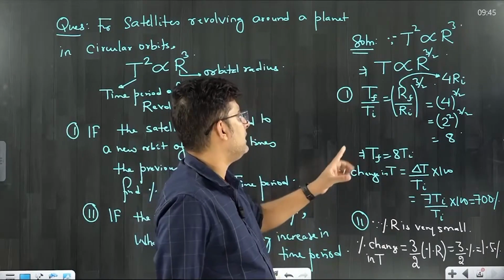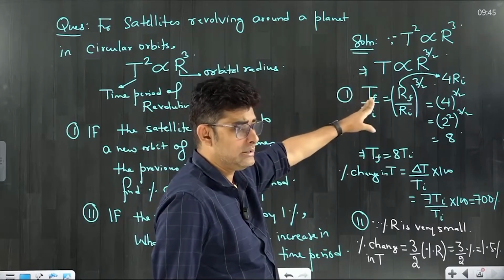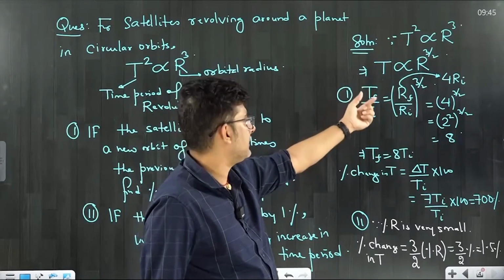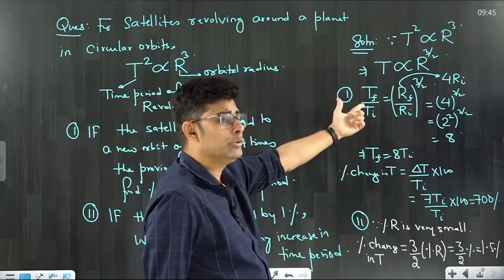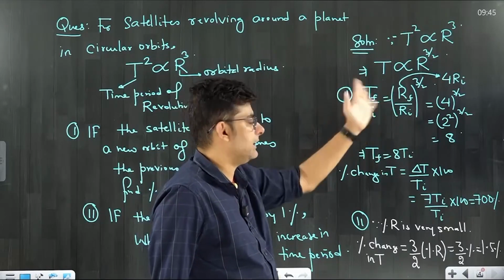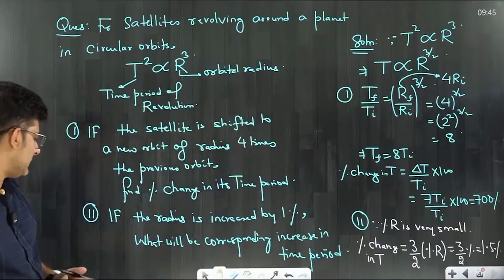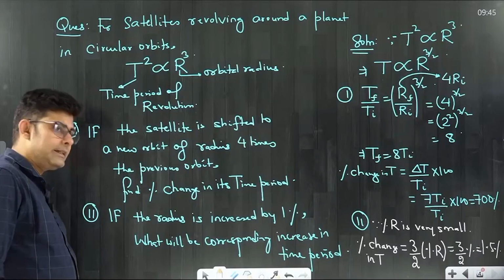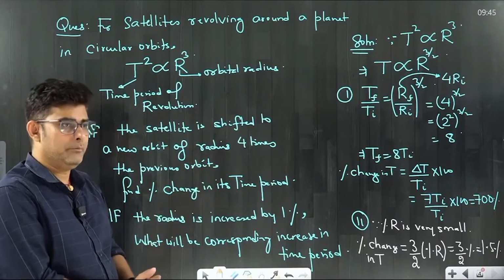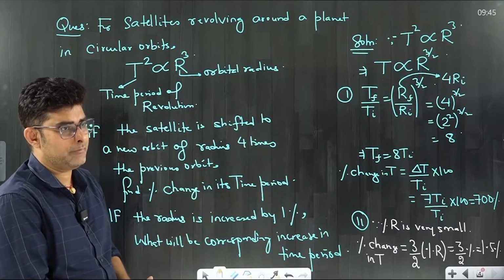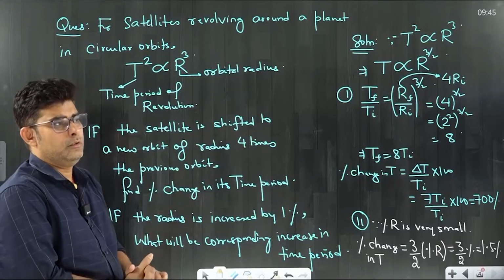And if you see that changes are not small, then the concept is final by initial. And sometimes if you see percentage, then as I told you, you can take the initial value as 100 and write the final value correspondingly, then you can get the change. Okay. So this is all about percentage and fractional changes. I hope you got an idea of what to do. Believe me, you will see this in most of the chapters, finding changes, and it is a very common question, right? So that will be all.